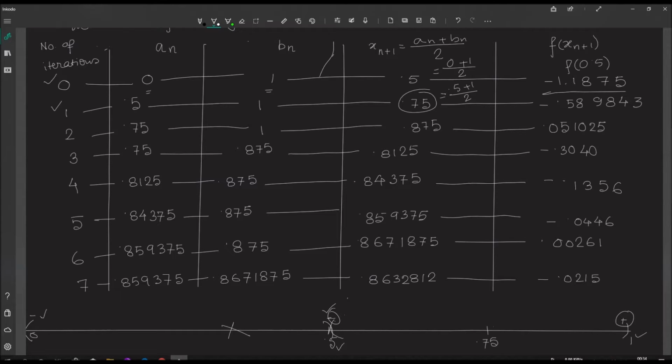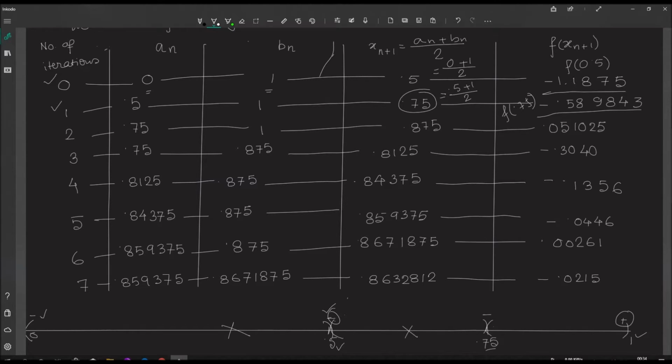Now when we put the value of 0.75 in f(x), we are getting the result as minus. So again we are using the brackets, and for 0.5 that is minus, for 0.75 the f(x) is minus. We are eliminating that range, and we are proceeding with 0.75 to 1.